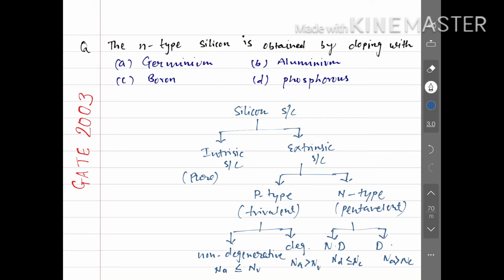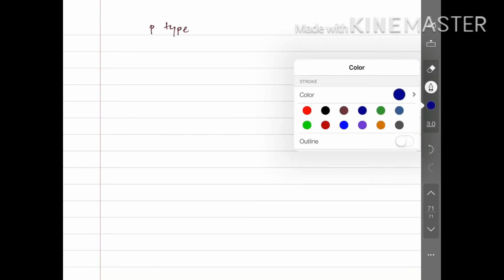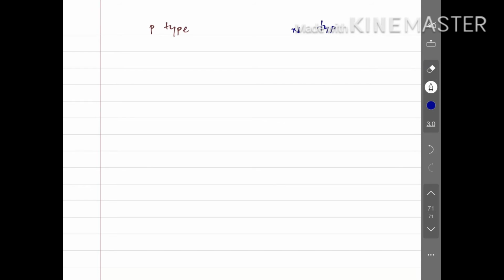Now we'll see the materials we use to make p-type and n-type material. For n-type semiconductor, the dopants are nitrogen, phosphorus, arsenic, antimony, and bismuth.